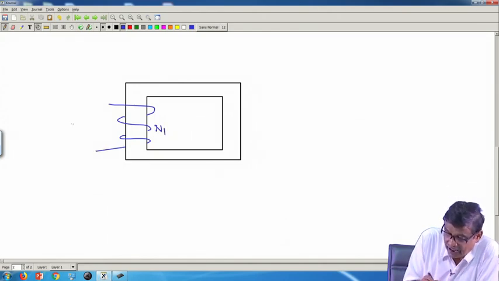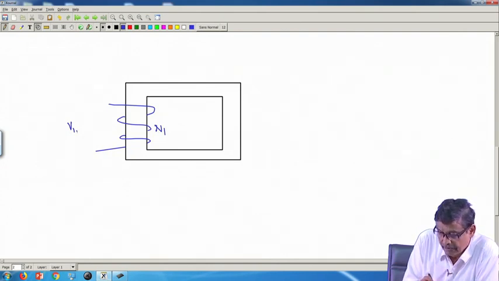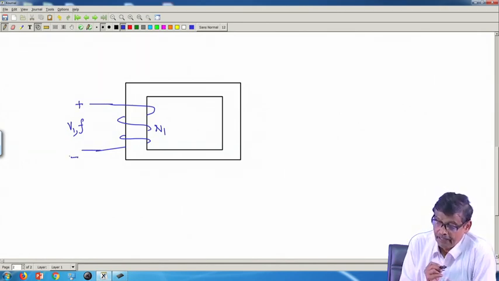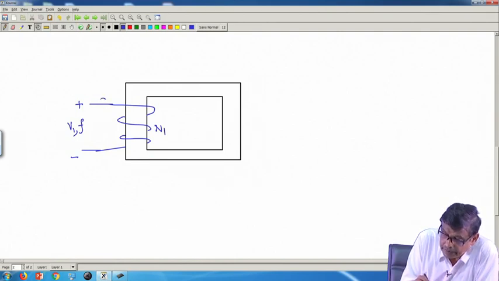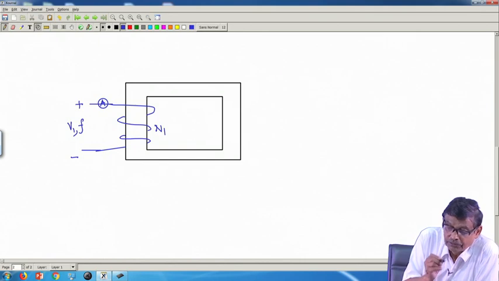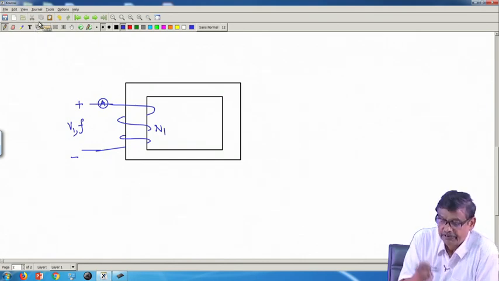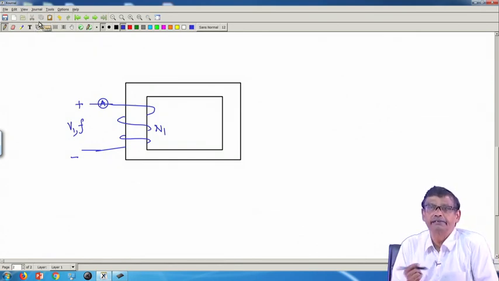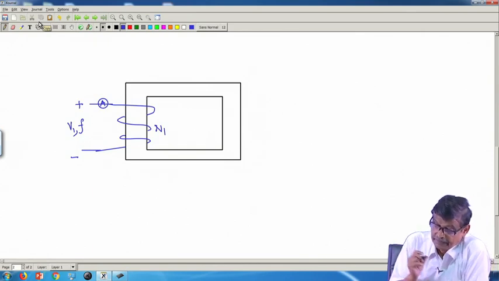I will apply an AC voltage with RMS value V1 and frequency f to these two points, this side plus and this side minus, and connect an ammeter here. I am asking what will be the reading of this ammeter.